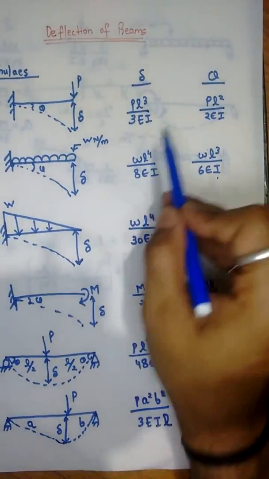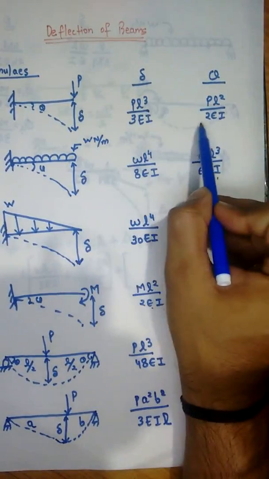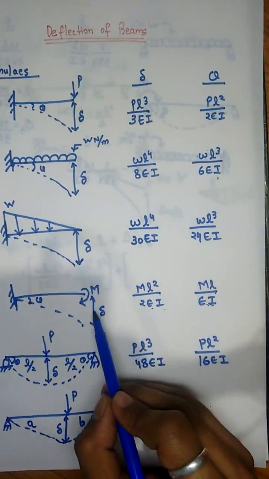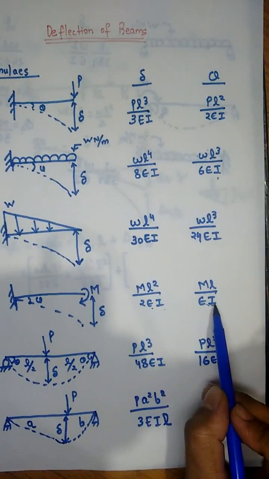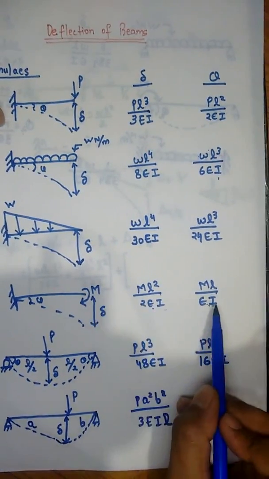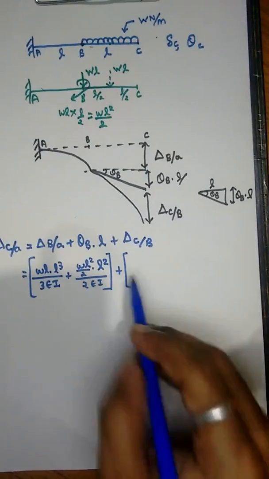So what is theta B? Theta B due to point load is PL square upon 2EI, and due to moment M it is ML upon EI.